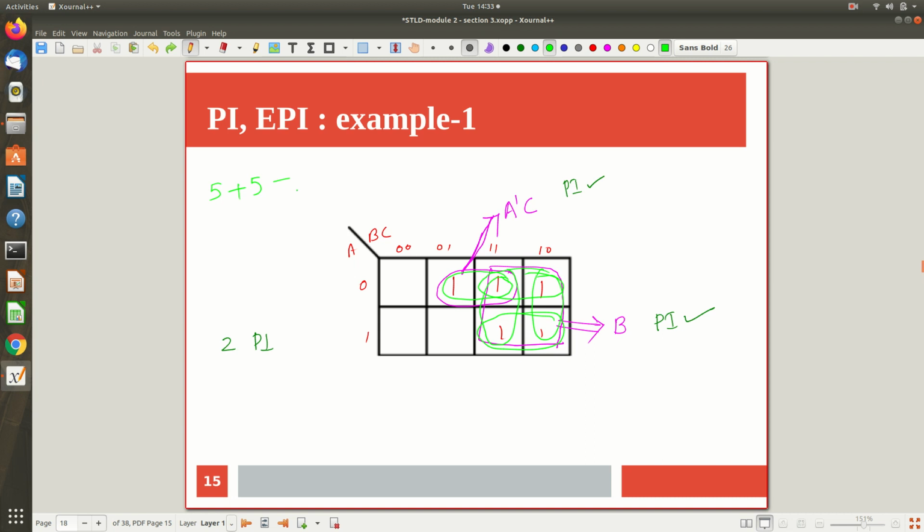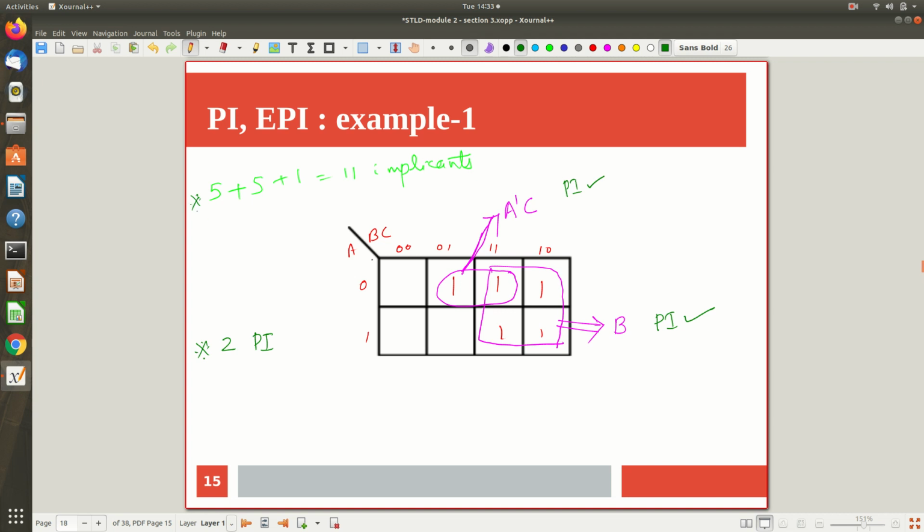There is only a single 4 element implicant. So there are 5 one-element, 5 two-element and 1 four-element, totally 11 implicants. But how many are prime implicants? Only 2 prime implicants.